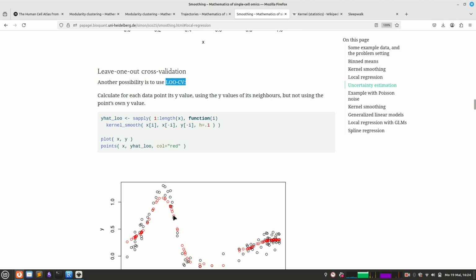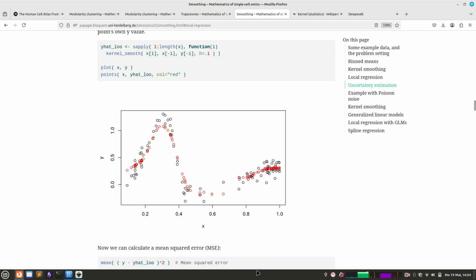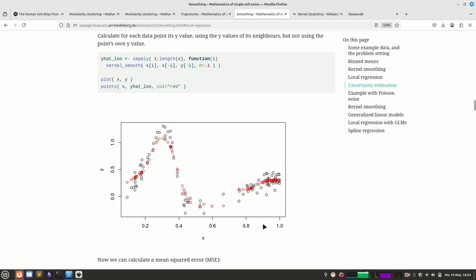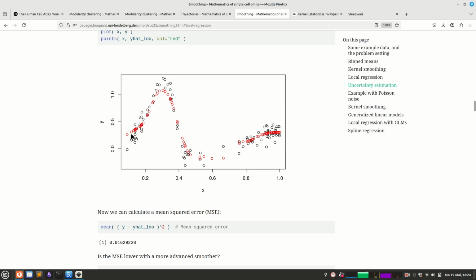There are other ways to do smoothing. And one more way to check the uncertainty, one more way that I want to mention, is called leave one out cross-validation, which works as follows. For each data point, we ask how would the smoothing curve be if we removed this data point?